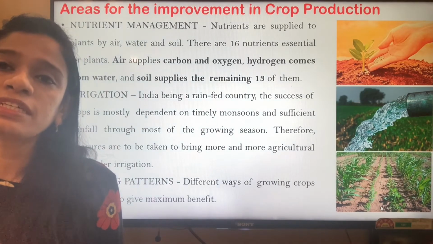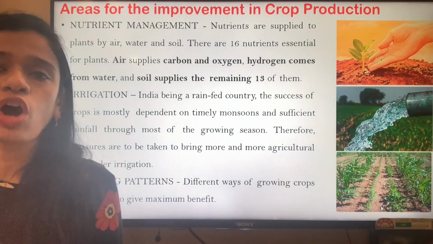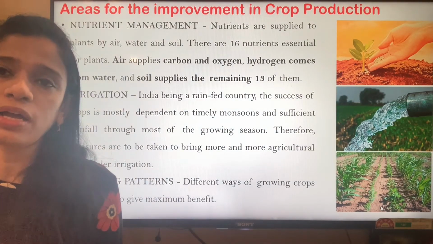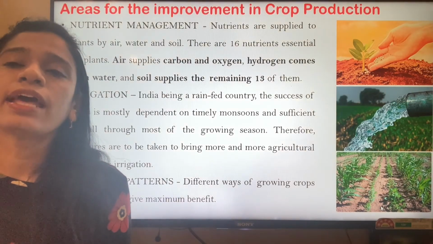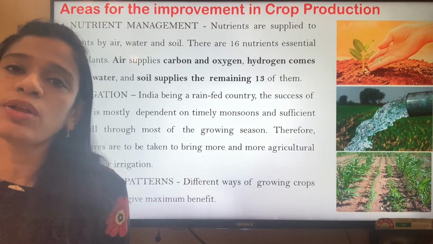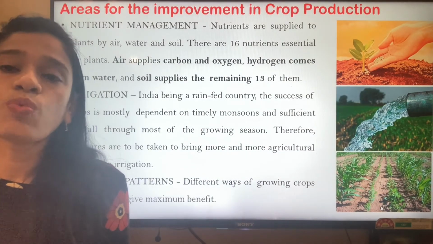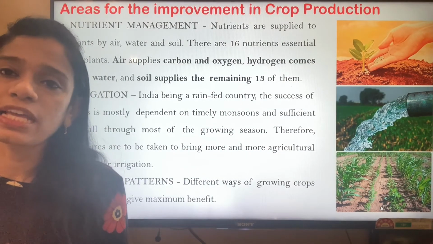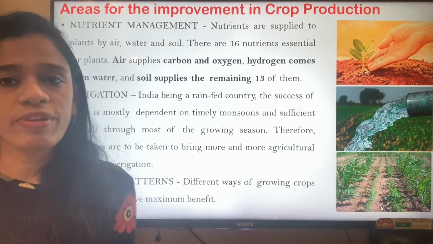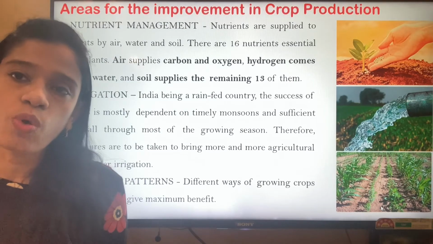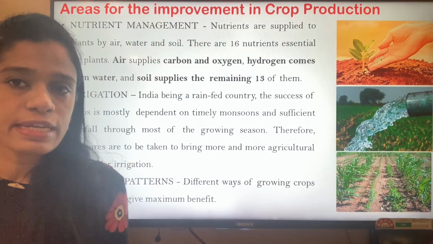The remaining 13 essential elements or nutrients required by the plants are supplied by the soil. We said that water provides the plant with hydrogen. So water is an important essential factor for every living being, and even plants need to be given water at the required stages.